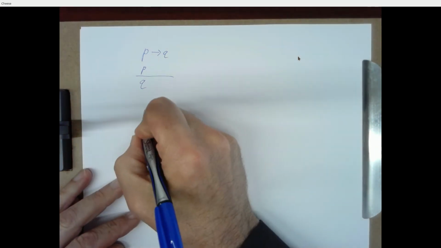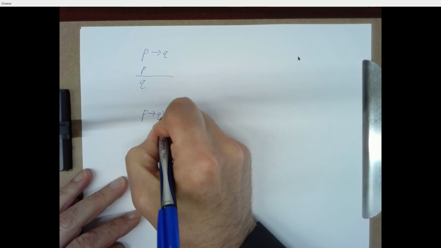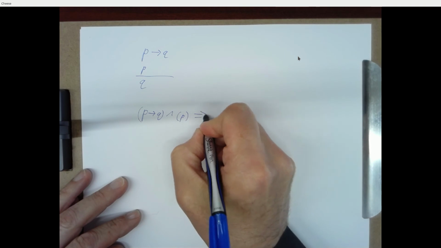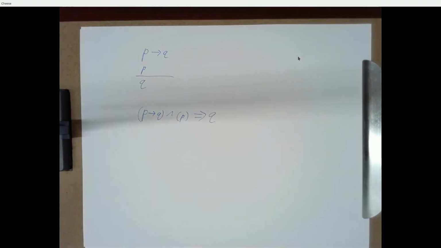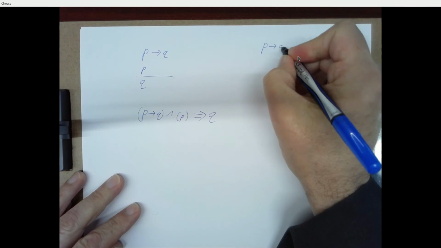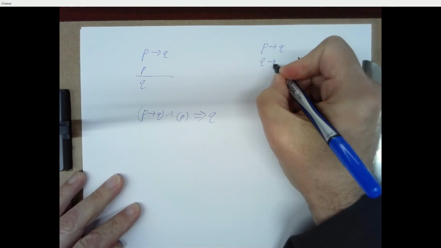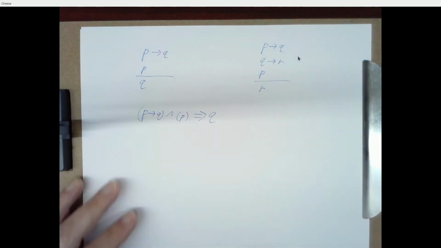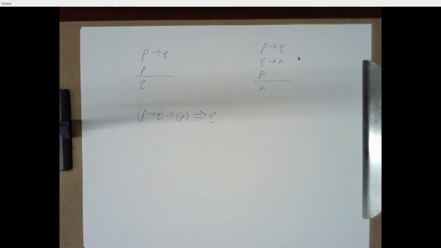We could also say if we know that this is true and P is true, then we can conclude Q. But I tend to stick to this notation. If P then Q, if Q then R, then if P then R. So that's chain rule plus direct reasoning.